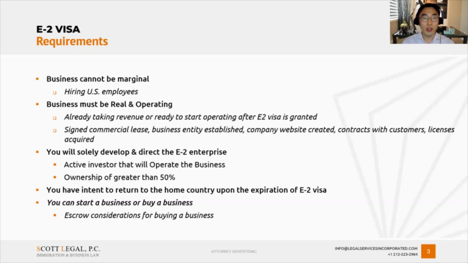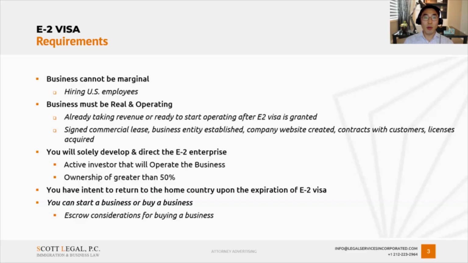The next one is a few options for the starting point. You must start a brand new business, buy an existing business, or sign a franchise agreement. But we'll talk about buying a business right now.